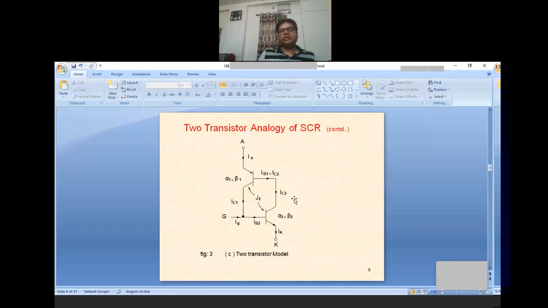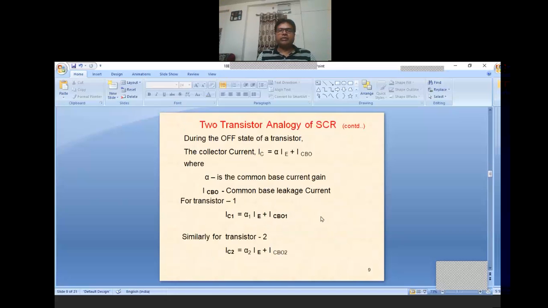Eventually it can be visualized as a PNP transistor and an NPN transistor connected back to back, because of which a cumulative action of increase of collector currents will be there, and eventually the conduction current flows from anode to cathode when enough current flows through the SCR to turn it on.